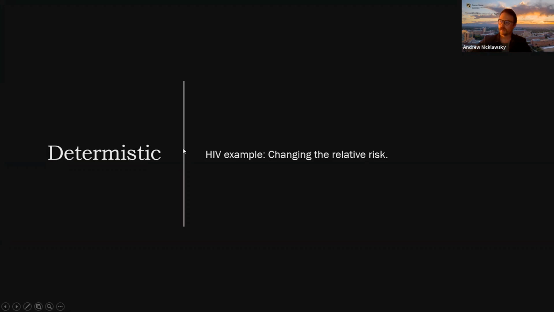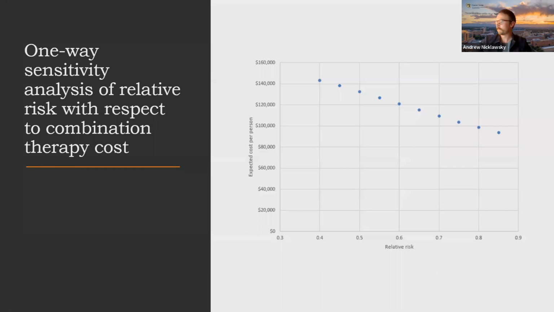So once again, let's talk about our HIV example. And let's say we're changing the relative risk between mono and combination therapy. So if we just plot our expected cost per person versus our relative risk, keeping everything else the same, as you can notice, if we have a lower relative risk, which in turn affects our transition probabilities, we actually have people staying in health states that are more costly because we're saying that combo therapy is more effective.